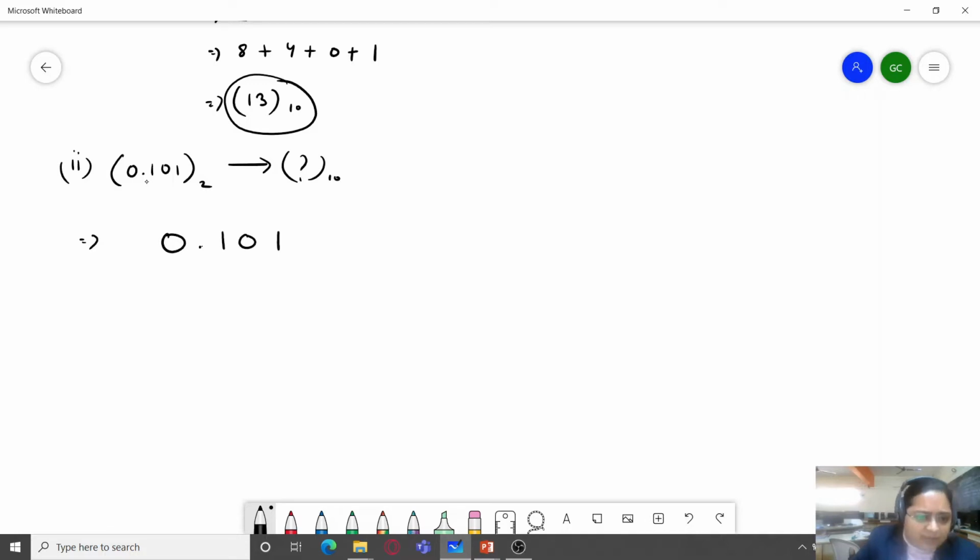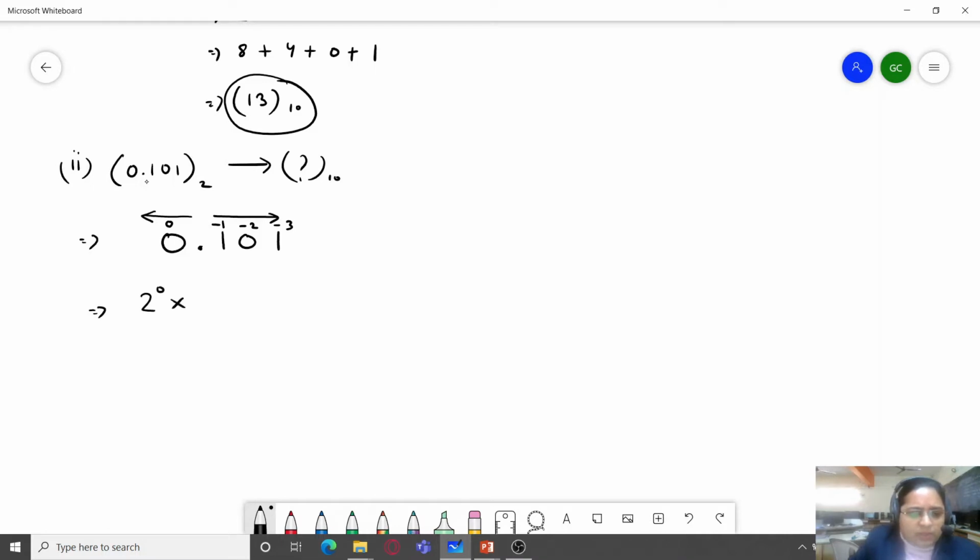Because we have a decimal point, before the decimal point, that is the integral part, the weights would be assigned from right to left, and after the decimal point they would be assigned from left to right. So here the weight would be 0, and after the decimal point it would be -1, -2, -3, and so on.